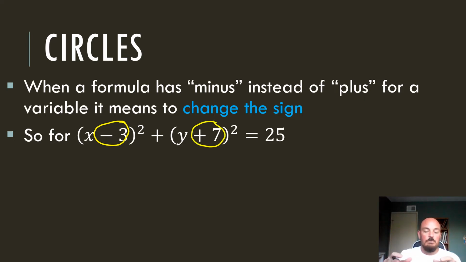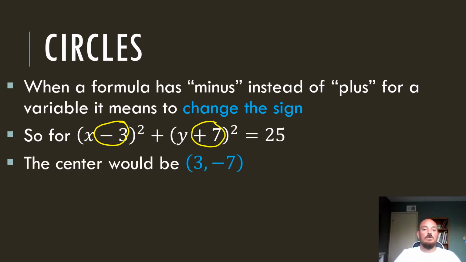Now those two numbers in order give me the center of the circle, but I have to change the sign on both of them. Because remember, the formula is x minus h and y minus k, so you're looking at the opposite of what we actually want. So the center of this circle would be positive 3, negative 7. The exact two numbers you see that I circled in yellow, but you change the sign on both of them.